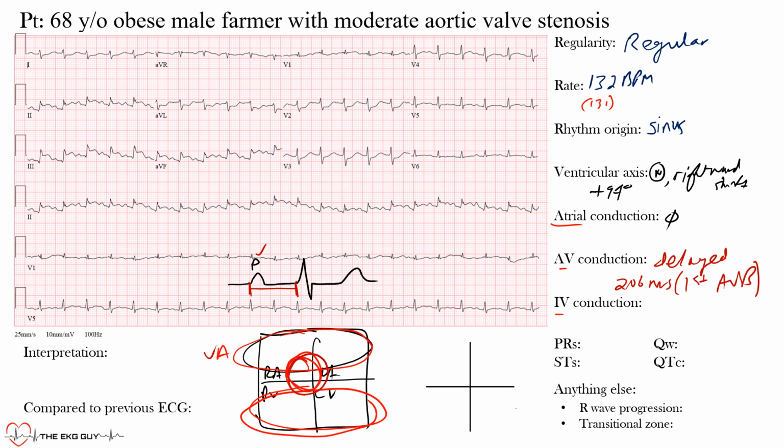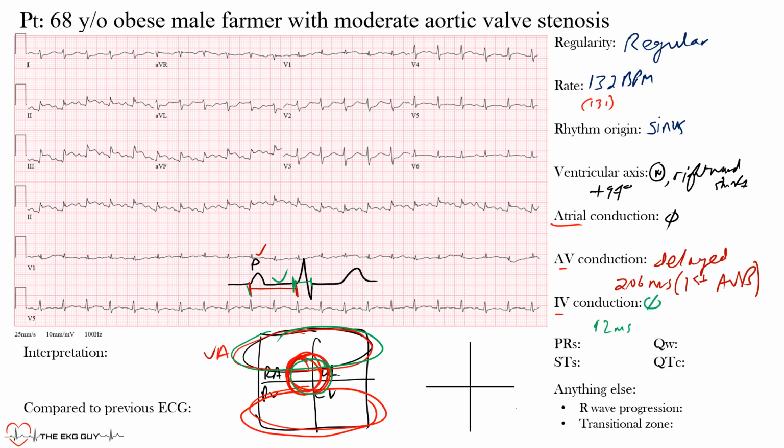So we've looked at conduction through here as well. So far we've looked at the atria and the AV node, and now I want to look here at the QRS complexes as well as the T wave. In IV conduction, we're simply looking at, is this prolonged or not? Earlier I told you that it wasn't prolonged. It was at 92 milliseconds by the machine.